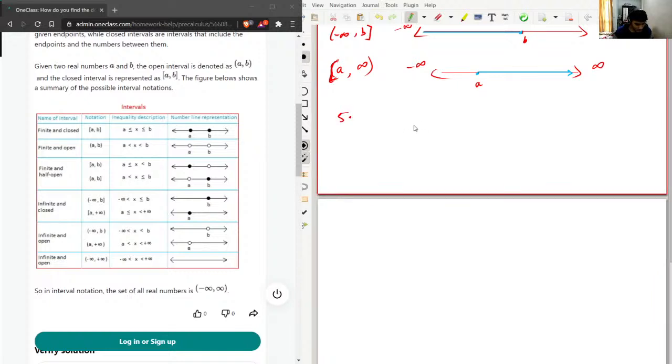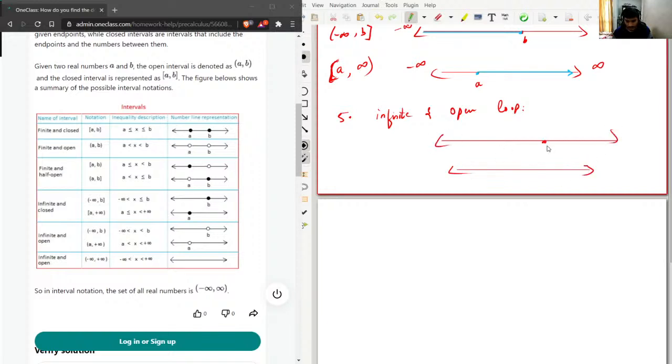For the fifth one, we have infinite and open. Again, we'll have two number lines here.